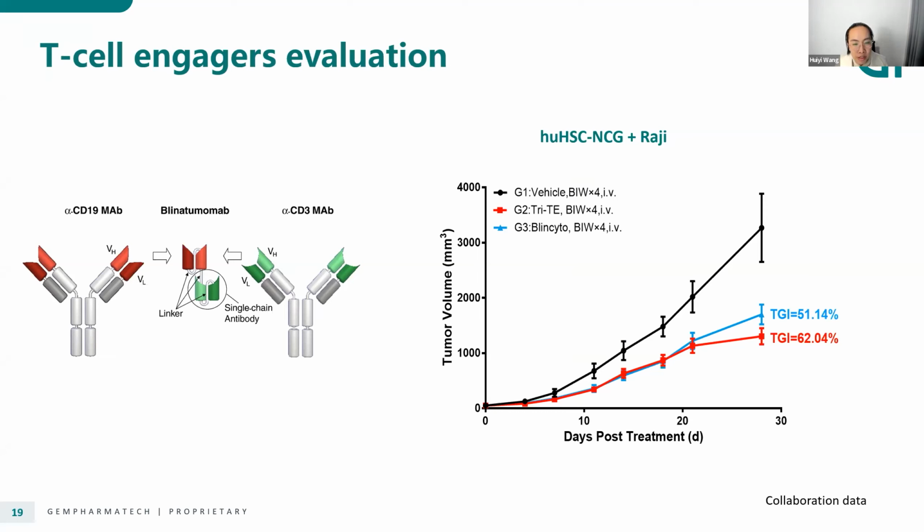When we inoculated the Raji lymphoma cancer cells into the mice, group 2 was treated with tri-specific antibodies which target CD3 and CD20. Both the tri-specific antibody and Blincyto could inhibit the tumor growth in this mouse model, which means the NCG mice have functional T cells, and these T cells could be engaged by Blincyto and this tri-specific test article to inhibit the Raji tumor cell growth.